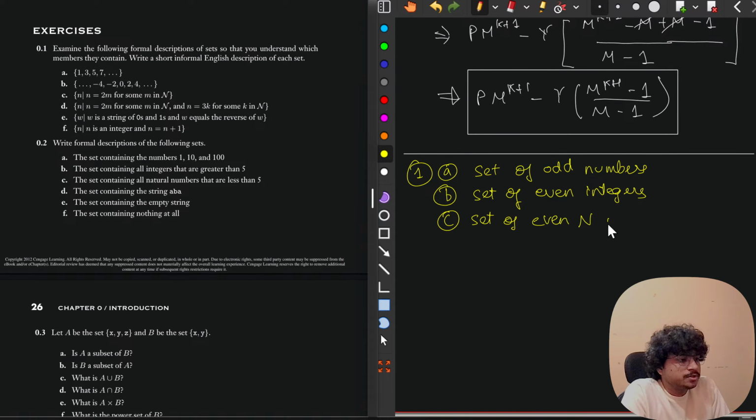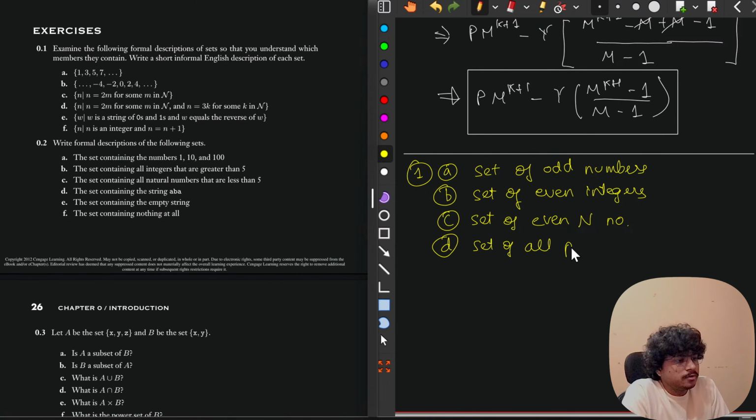Then I have w is a string of zeros and ones, and w equals the reverse of w. So it is talking about palindromes in strings of zeros and ones: the set of all palindromic binary strings.